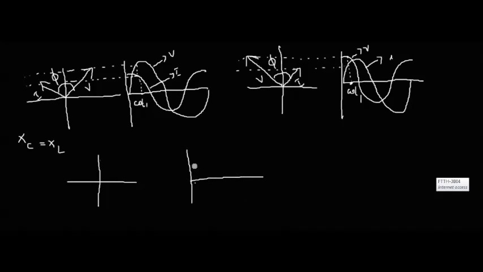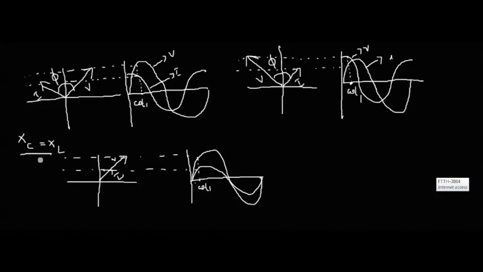With Xc equal to XL, the voltage and current will be in phase. Taking a particular instant omega t1, this will be the current I and this will be the voltage V. Both are in phase.